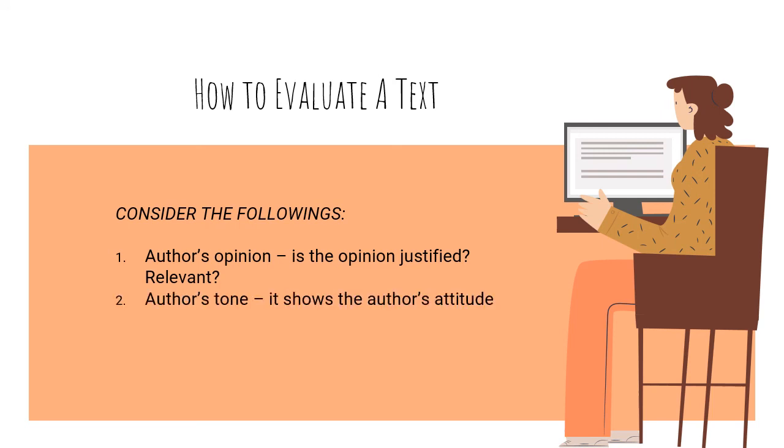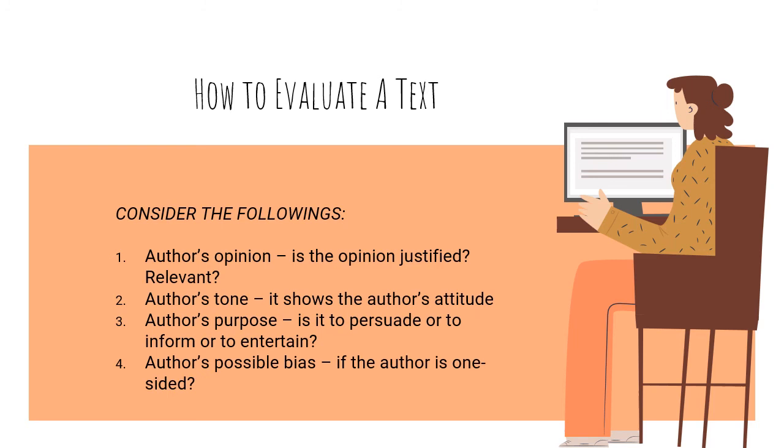Second, you have to pay attention to the author's tone, because it shows the author's attitude toward the particular topic. And the third is the author's purpose. Is it to persuade, to inform, or to entertain? And the last is the author's possible bias. Is the author one-sided, or does the author show positive or negative bias, and so on.